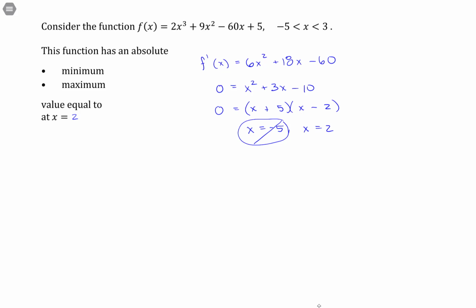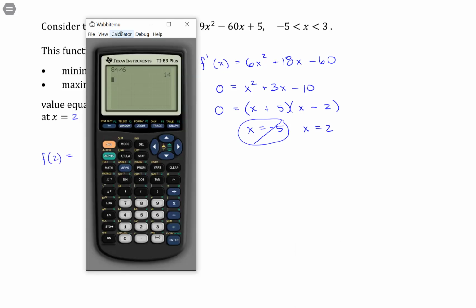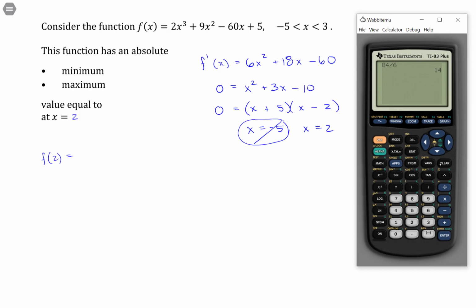The maximum or minimum value is of course going to be f of 2, which I'm just going to use the calculator to get. Put it into y1 and use the list. So 9x squared minus 60x plus 5.